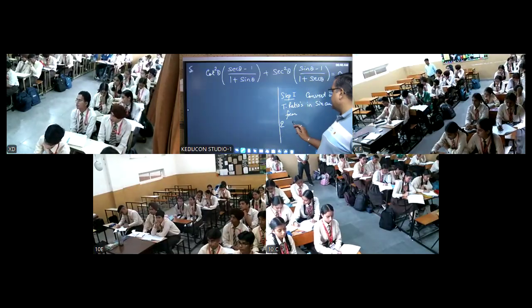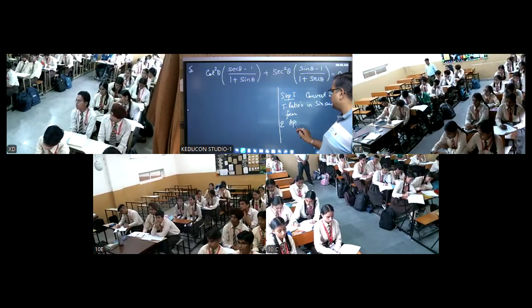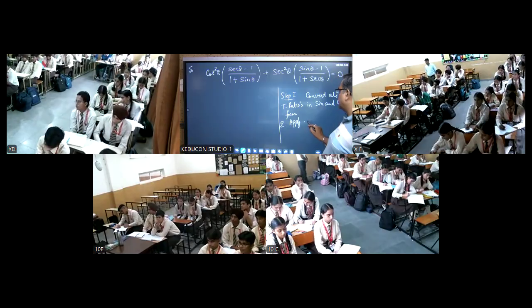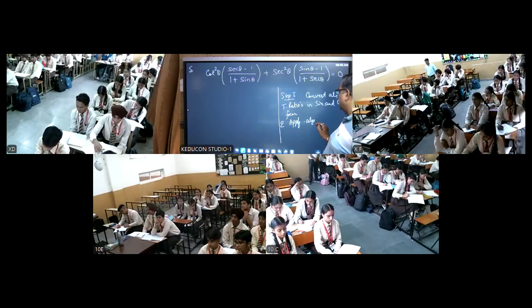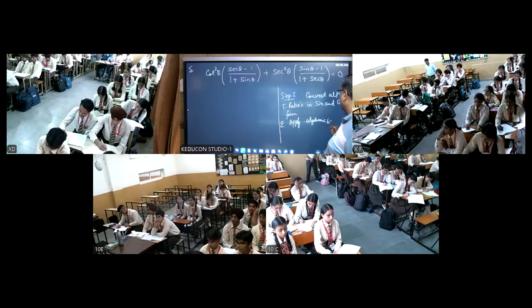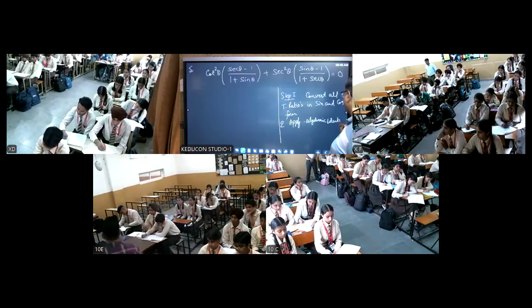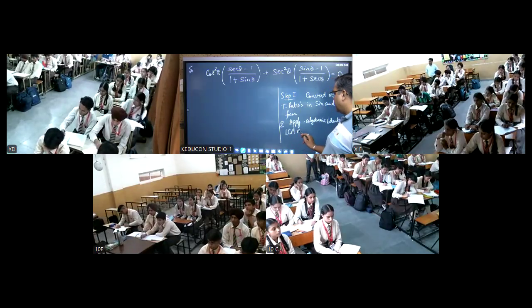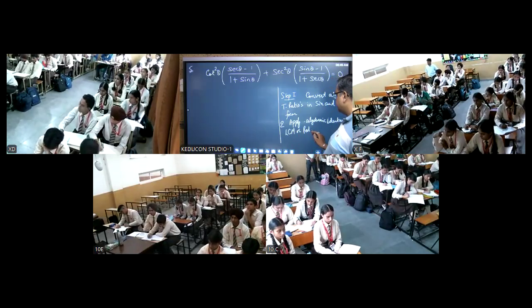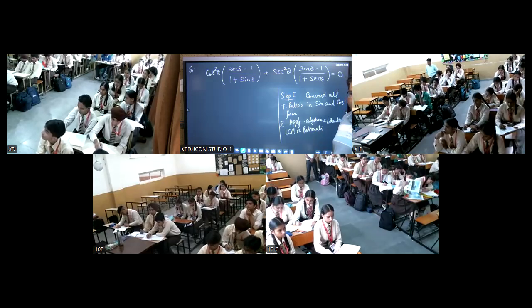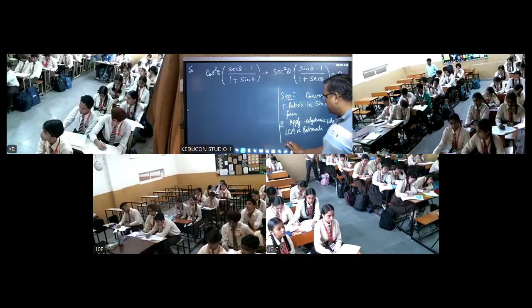So second step is apply algebraic identities, or take LCM or rationalization. Any of the 3 things or all can be there.